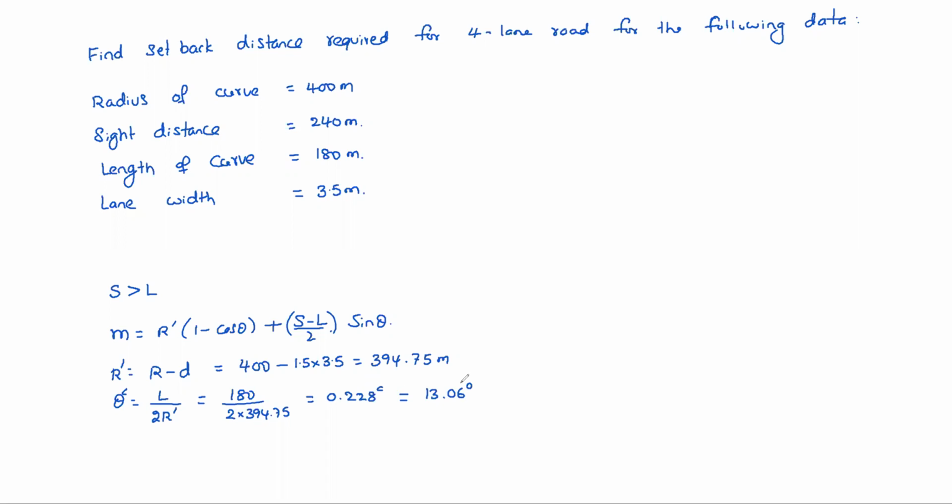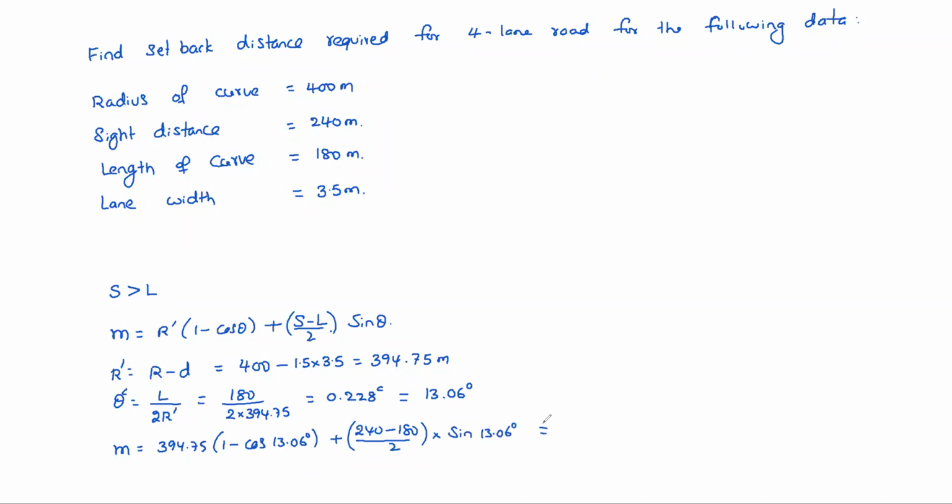Now substituting there, M equal to R', 394.75, into (1 minus cos 13.06 degrees) plus ((S minus L) by 2) into sin theta, where S is 240 minus length of the curve 180, by 2, into sin 13.06 degrees.